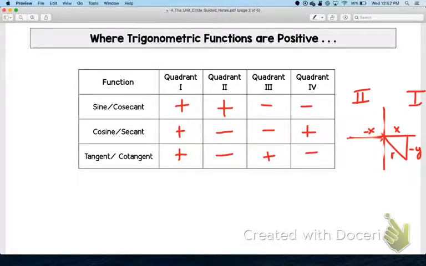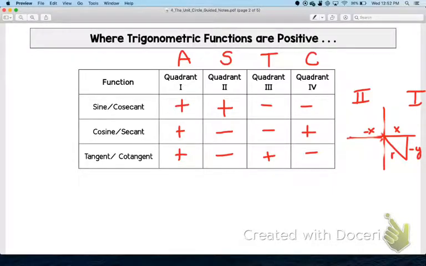Okay? So here all of them are positive. In quadrant 2, just the sine is positive. In quadrant 3, just the tangent is positive. And in quadrant 4, just the cosine is positive.